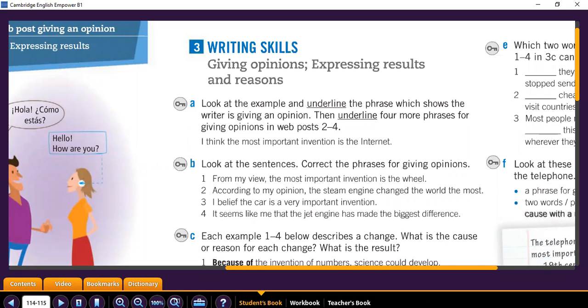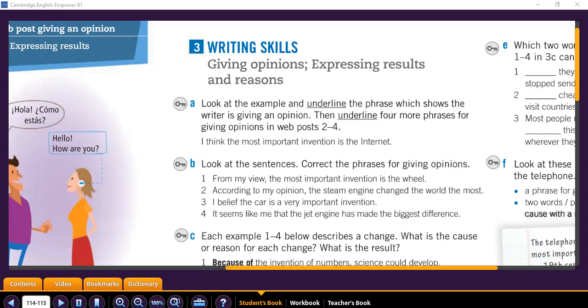Y para dar razones, teníamos because and because of, right? So we're gonna see some other phrases. I prepared, here on the book we have just 4.